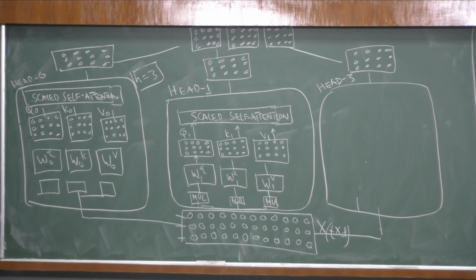Another thing to remember is that after doing the self-attention, which we have done separately in the previous class, if I'm given Q0, K0, V0, what is the meaning of self-attention? In fact, we also wrote a formula for how to compute it.